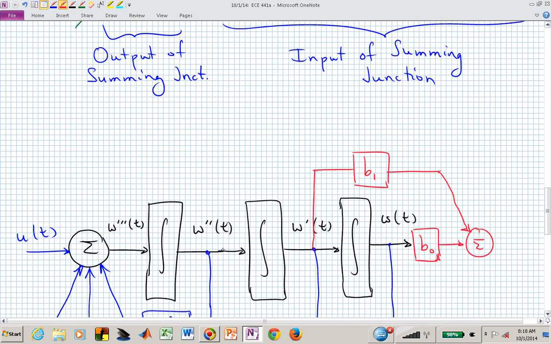I can access w, the second derivative, scale it by b sub 2, feed that into the input of that rightmost summing junction, and the output of that summing junction is the output that I needed, y(t).